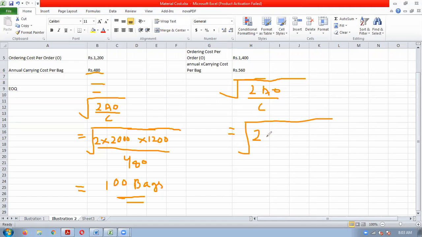So 2 into the annual demand, 1280 bags, and the ordering cost 1400, divided by the carrying cost 560. Now you can solve this and you will get the EOQ for Nature's Own. 2 into 1280 into 1400 divided by 560, square root. So how much are you getting?